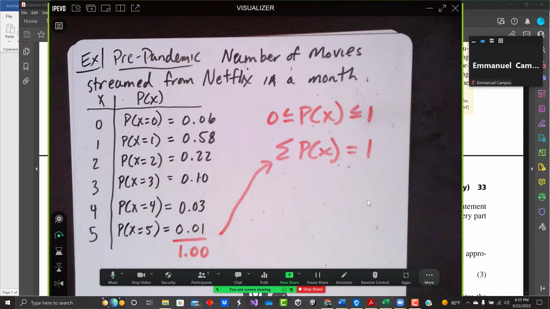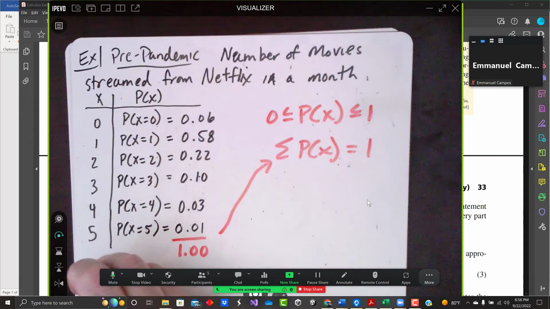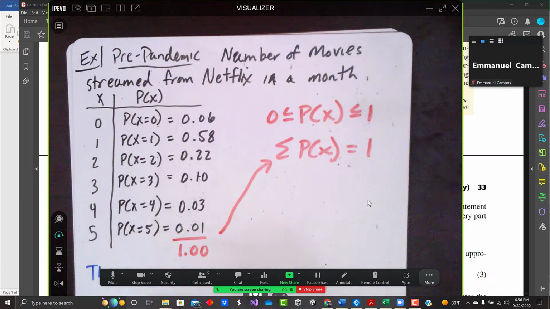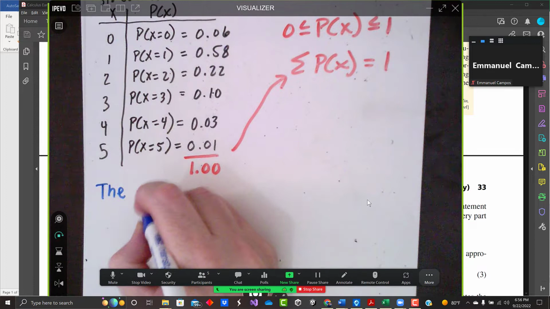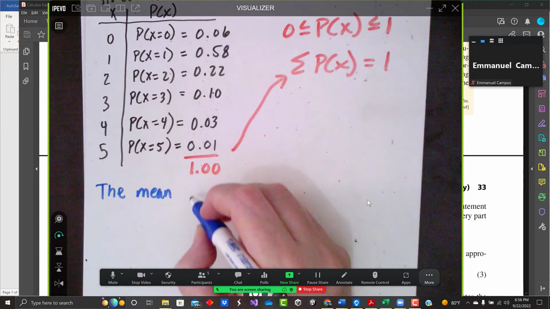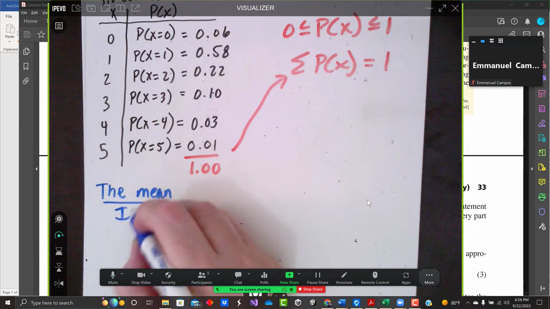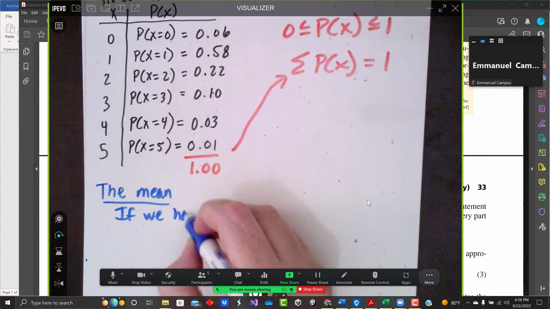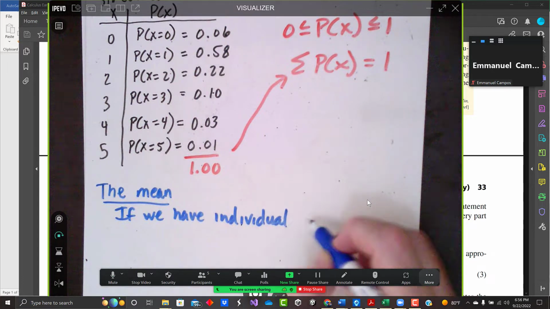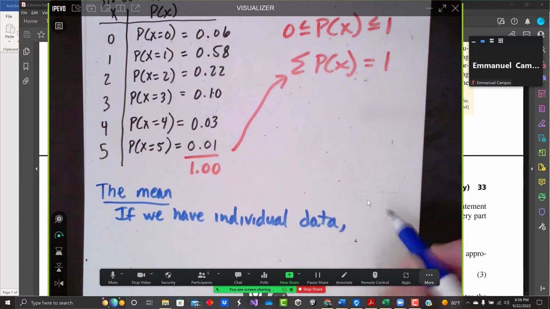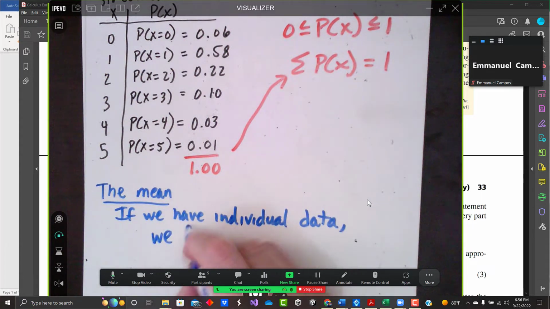Now, a lot of times we've been interested in mean and standard deviation. So let's talk about that here. The mean, if we actually have data, individual data, I mean, we find x bar normally.